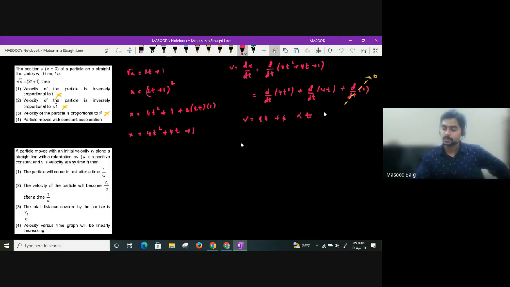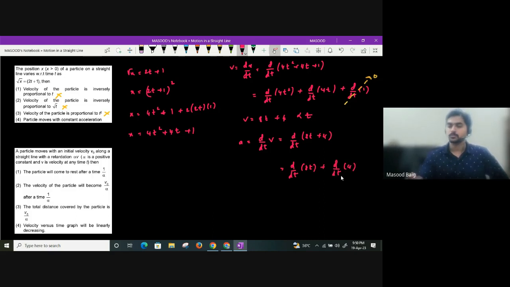So how will I get the acceleration now? It is given as the rate of change of velocity. So I can write it as the derivative of 8t plus 4. Again, in u plus v form, it is the derivative of 8t plus the derivative of 4. What is the derivative of 4? Because it is a constant value, it is 0. And what is the derivative of 8t, beta?